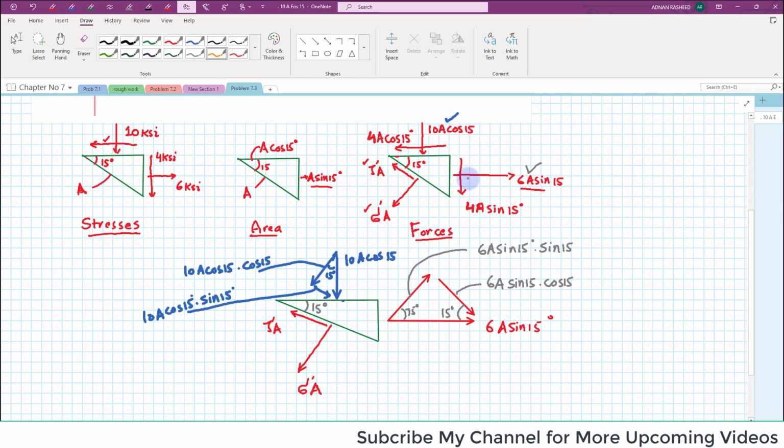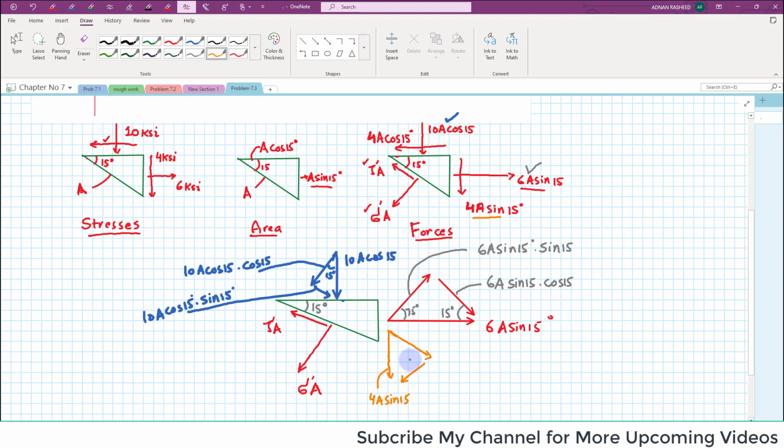We will take this shear force acting in this direction. I will draw it over here so that they do not get mixed up. This force is equal to 4A sine of 15. Now we will divide it into two components: one in the direction of the shear force, and the second one in this direction.